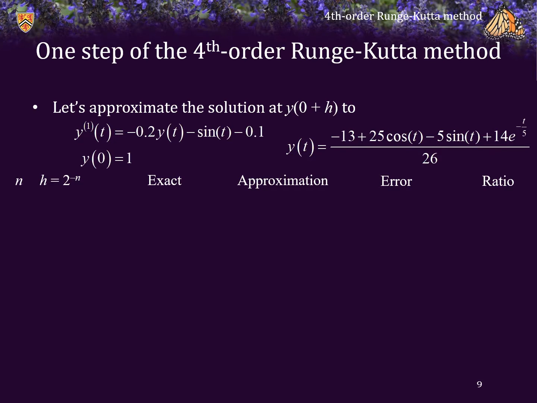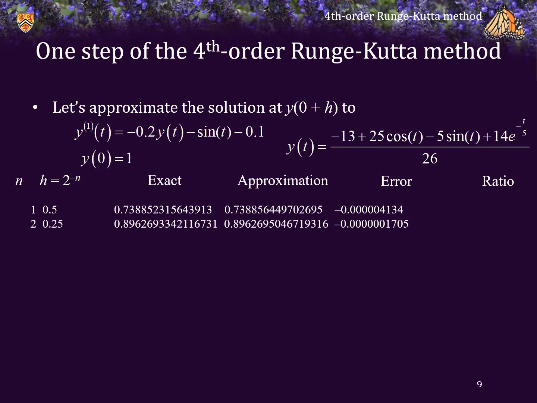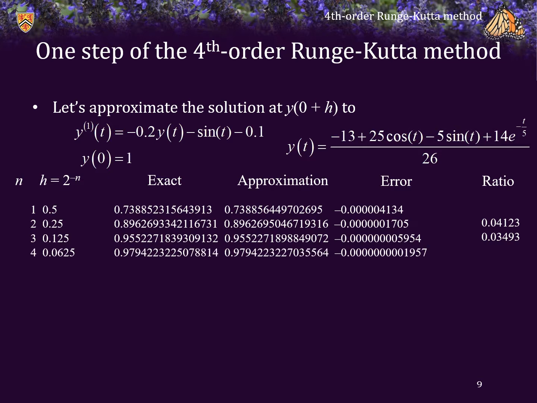Well, let's look at our second initial value problem. Again, starting with h is equal to 0.5, we notice that it's already quite accurate. Dividing h by 2, the error has already dropped, and it does look like it's dropping quite quickly. Divide h by 2 again. Again, the error is dropping by approximately 1 over 32, or 1 over 2 to the 5.